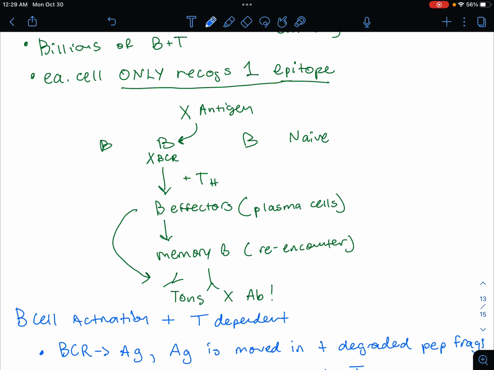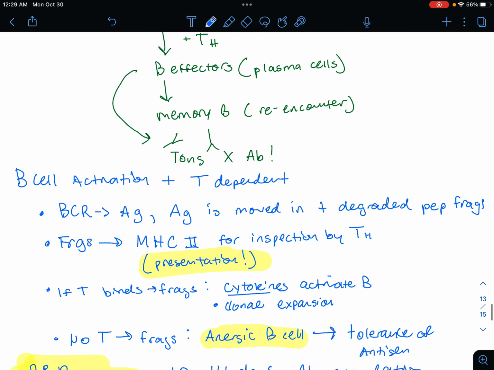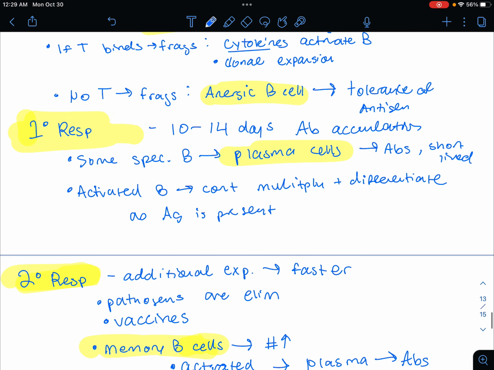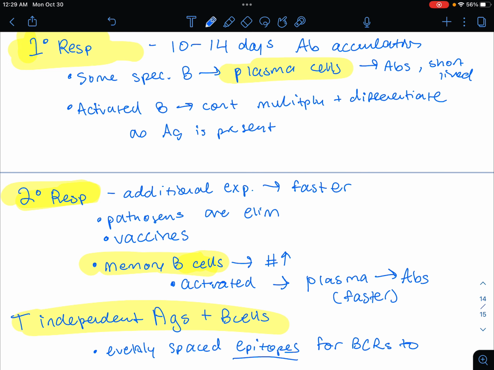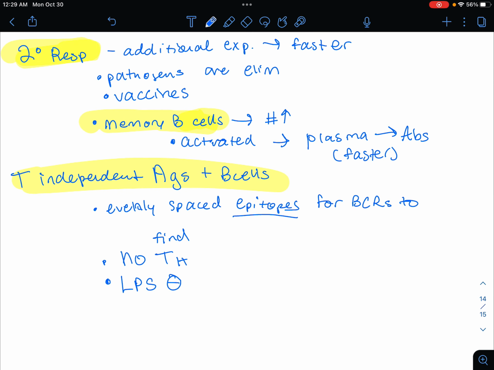Then it's going to go to an effector if it needs the help of a T helper cell. It's going to go to the effectors, which is a plasma cell, and those are going to make tons of antibodies. And then afterwards, we get the secondary response where it becomes a memory B cell when it re-encounters it for a much faster process of creating antibodies. And vaccination is that secondary response in the humoral side of adaptive immunity.